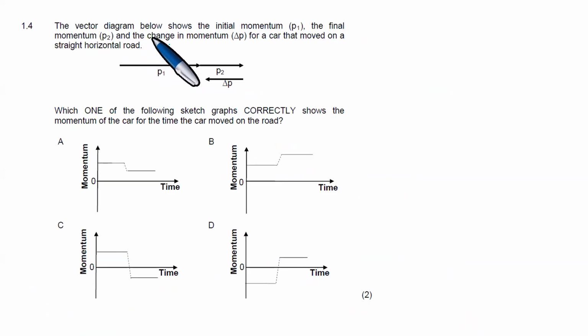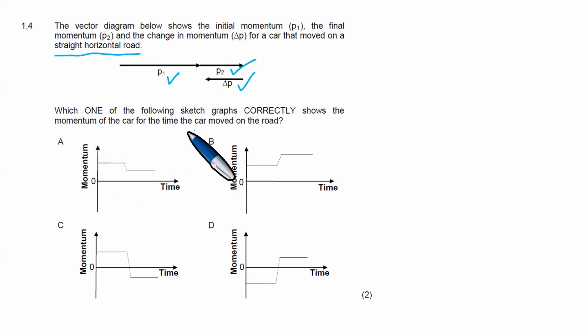Next question, 1.4. The vector diagram below shows the initial momentum P1, the final momentum P2, and the change in momentum, delta P, for a car that moved on a straight horizontal road.